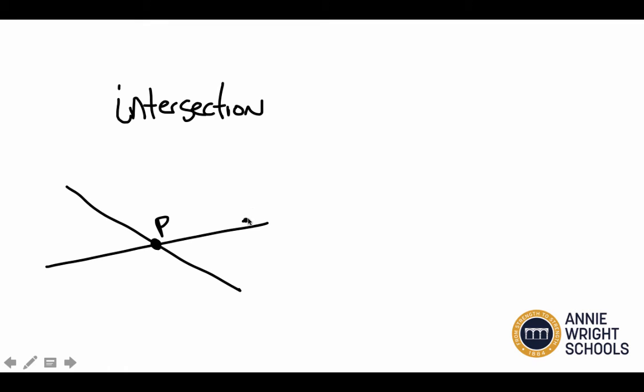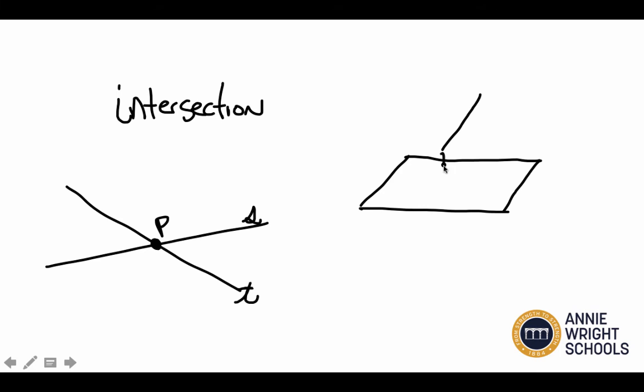Good? Here's line S and line T. They intersect at point P. You've seen it before. I'm not going to be able to draw it as well, but I'll try here. Two planes intersect. Often those two planes will intersect at a line.